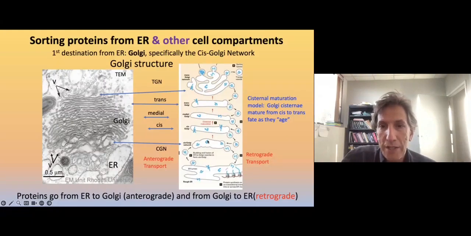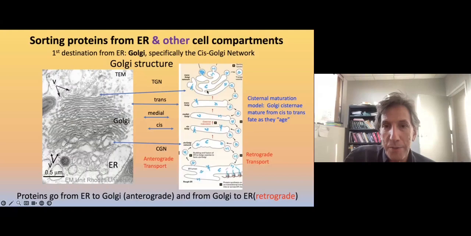So how do you get proteins from, say, the cis-Golgi network to the next set of pancakes called the cis-Golgi, and then up to the medial Golgi around here, the trans-Golgi, and finally this more twisted cisternae up at the top, the trans-Golgi network, which, as we said, is where vesicles leave to go to the plasma membrane and to the endosome and lysosome.